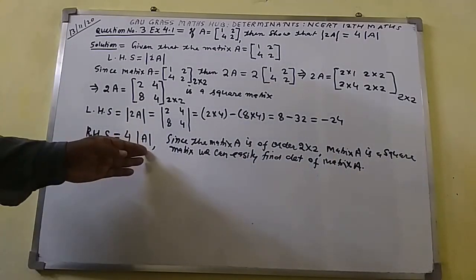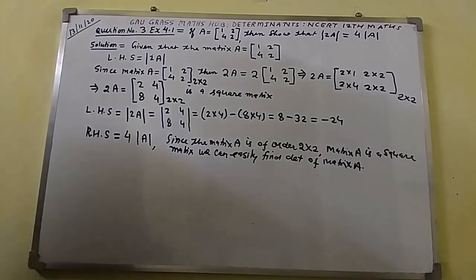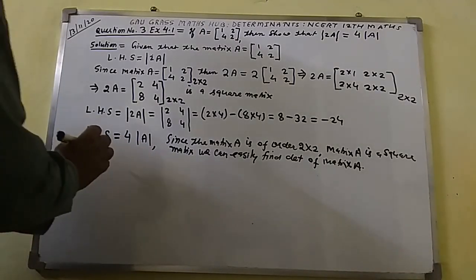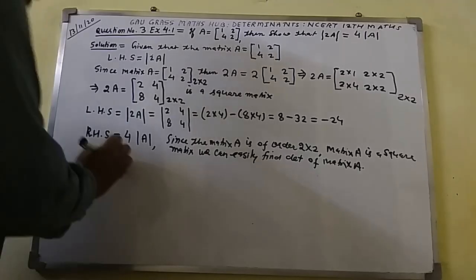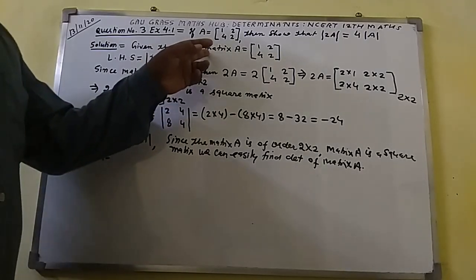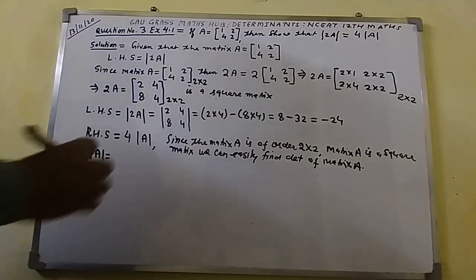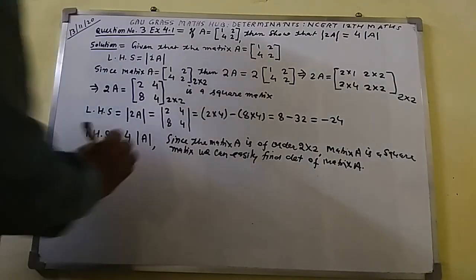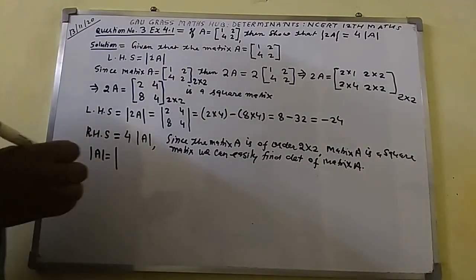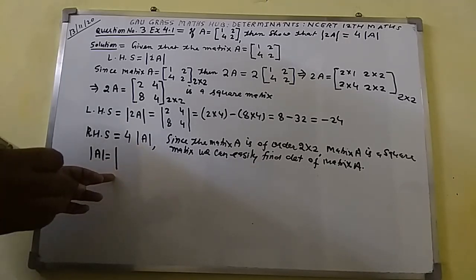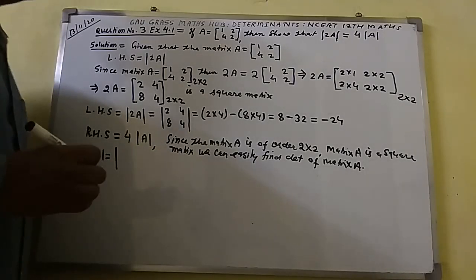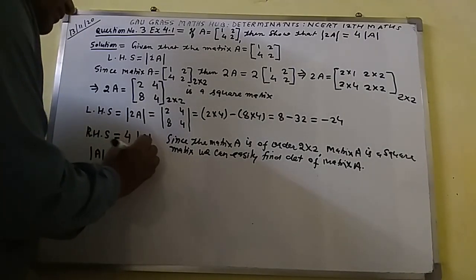So now find out the determinant of matrix A. The determinant of matrix A: I open a vertical line, the elements of first row are 1, 2 and of second row 4, 2.